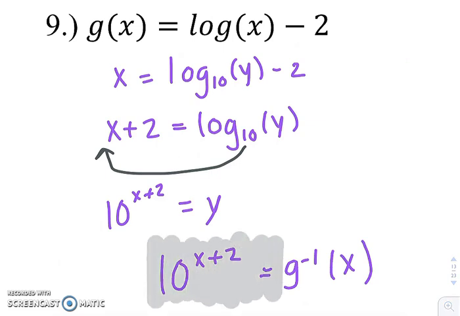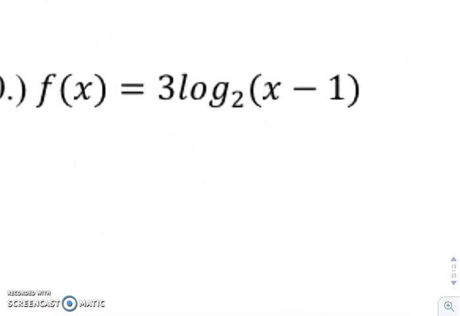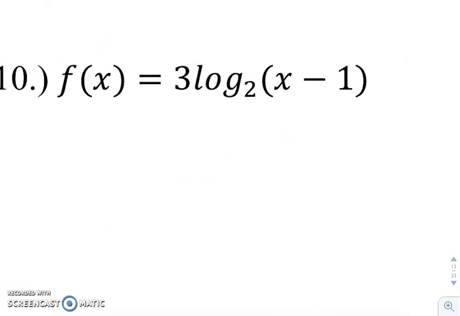Let's do one more. So number 10. f of x equals 3 times log base 2 of x minus 1. Switch your x and y.